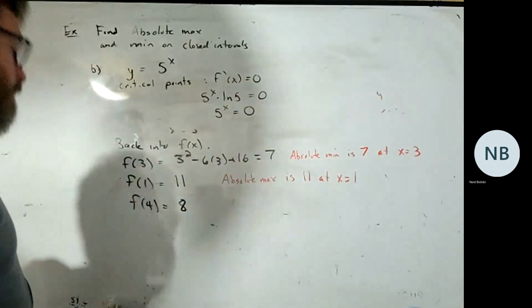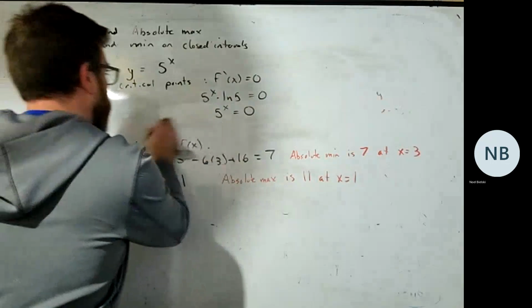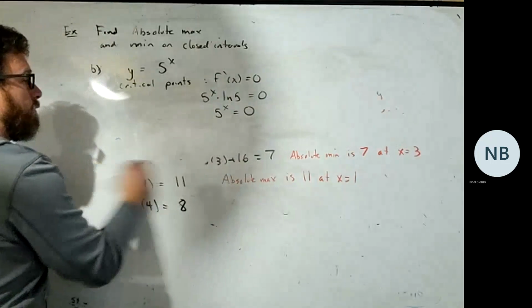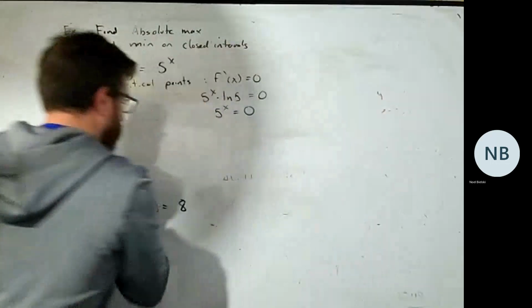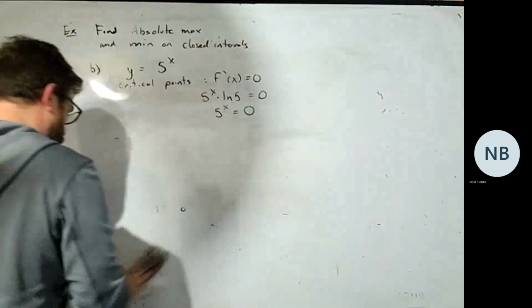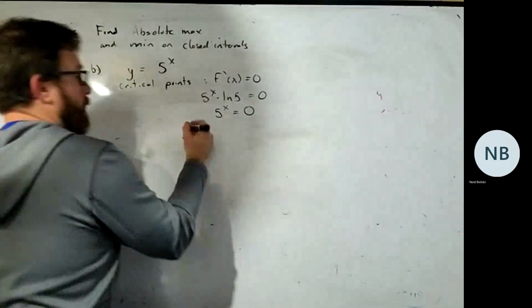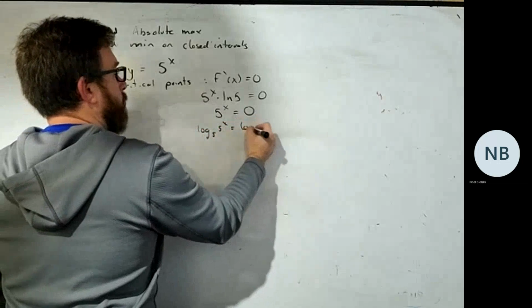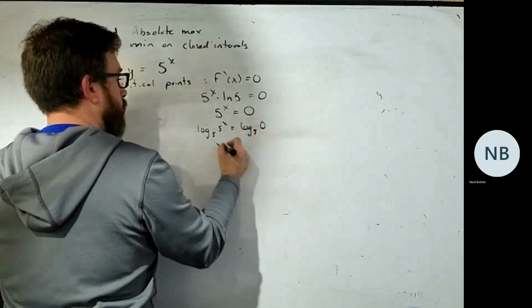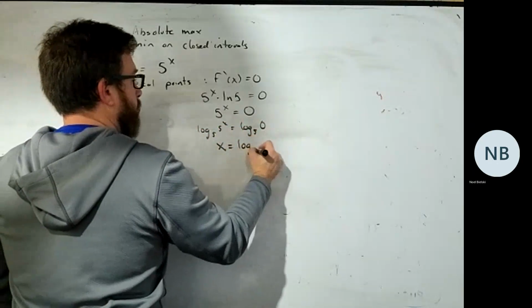And if you try to solve for this, you'll see that you don't get an answer back. What you could do is take log base 5 of both sides: log base 5 of 5 to the x, log base 5 of 0. So this will get x is equal to the log base 5 of 0.